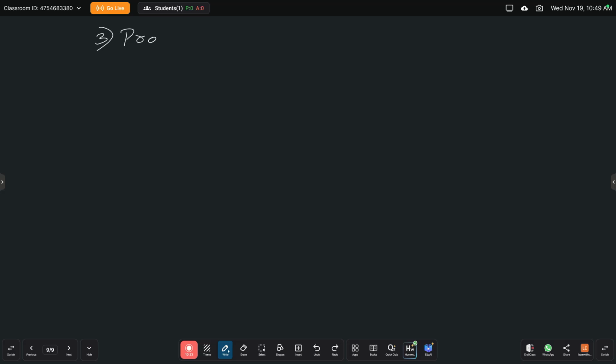Next one, prove that r power n into r bar is a solenoidal vector if n equals minus 3. This we have to prove.